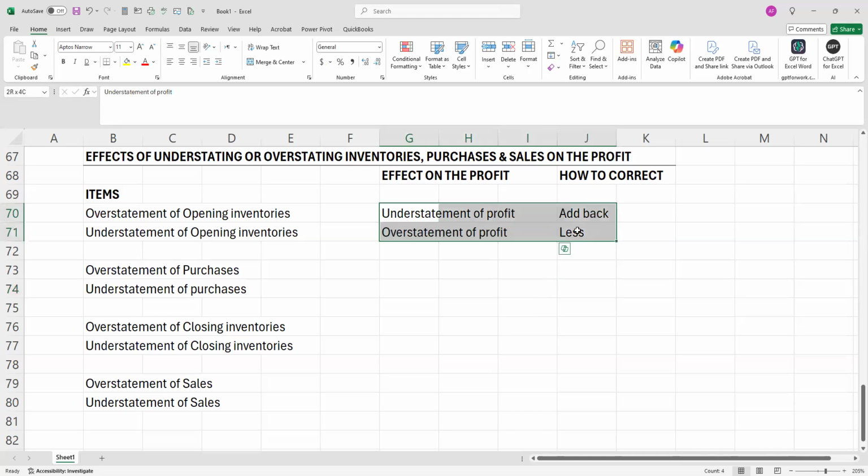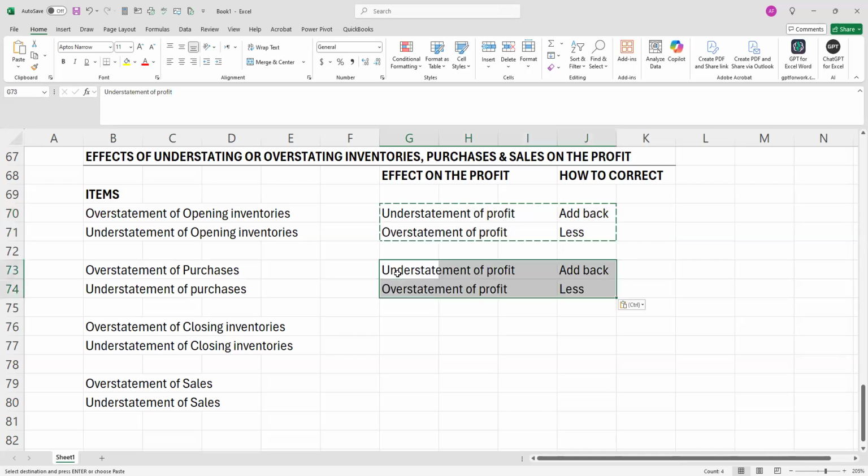The same effect will be on the purchases.